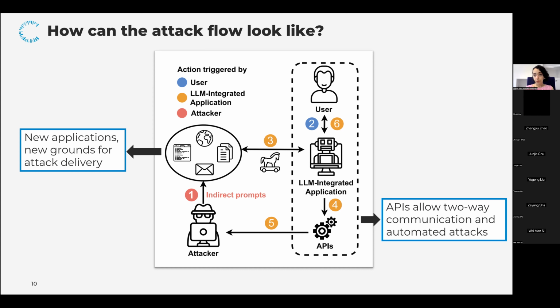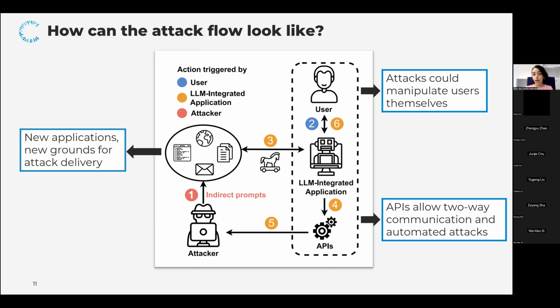If the application has access to APIs, they can be used to allow two-way communication, or maybe automated data exfiltration back to the attacker, or they can be used to cause unwanted behavior in the user system. Or, as I will show later, the attacks can also be used to manipulate the users themselves.